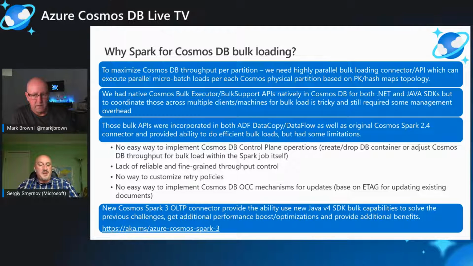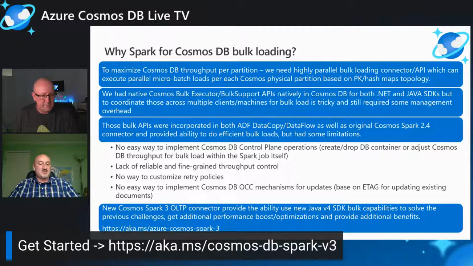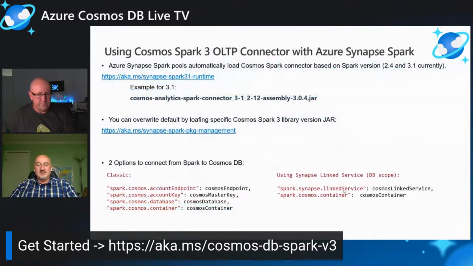So based on all those limitations and a few other things, I'm glad that you, Mark, and your team delivered the Cosmos Spark 3 OLTP connector, which is based on the new Java version 4 SDK for Cosmos DB, and it's using all those great features, with more coming, to solve those challenges.